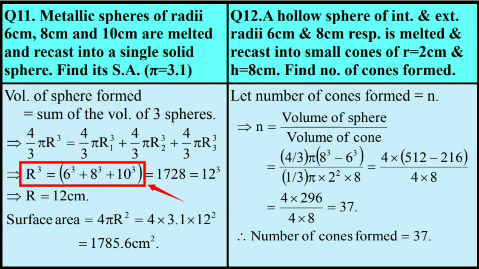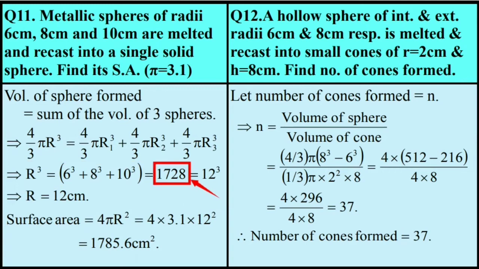The equation in simplified form is r cube is equal to r1 cube plus r2 cube plus r3 cube, where r1 is 6 cm, r2 is 8 cm and r3 is 10 cm.